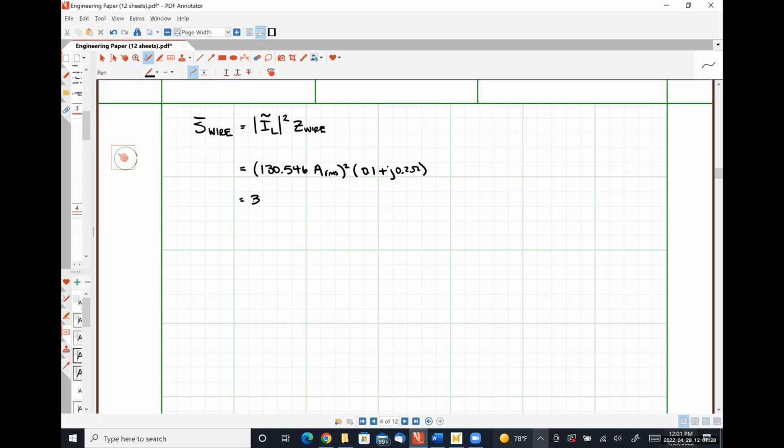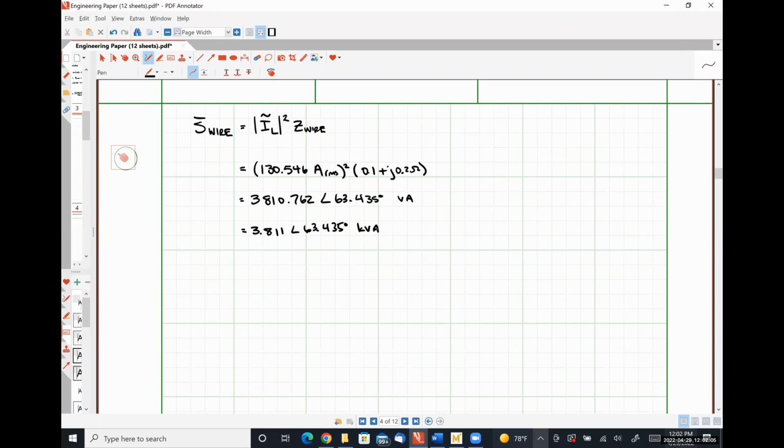Which I get to be 3,810.762 angle 63.435 degrees volt amperes, or 3.811 angle 63.435 degrees kilovolt amperes.